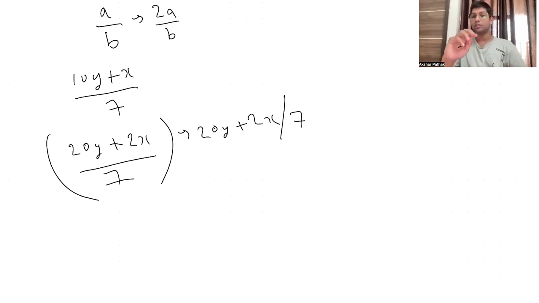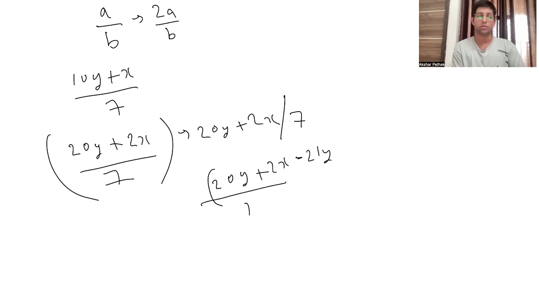You know that 21 is divisible by 7. 7 times 3 is 21. So if you subtract 21y from this expression, 20y plus 2x minus 21y, then since 20y plus 2x is divisible by 7, and 21y is also divisible by 7, the whole expression will be divisible by 7.